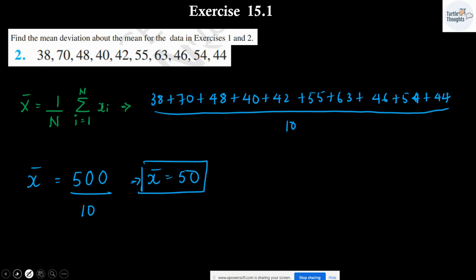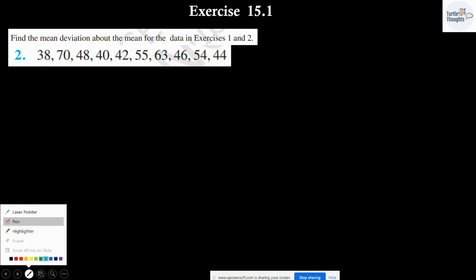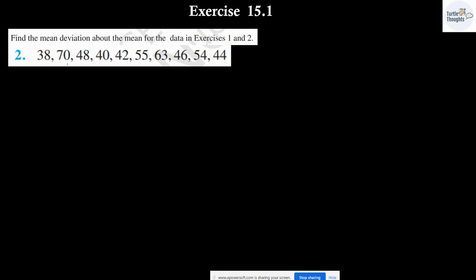Now I need to find the value of the modulus of xi minus x bar. xi is going to be the first, second, third, fourth, all the numbers, right? So first I'll be taking 38. 38 minus 50, x bar is 50, so this is going to be equal to minus 12.